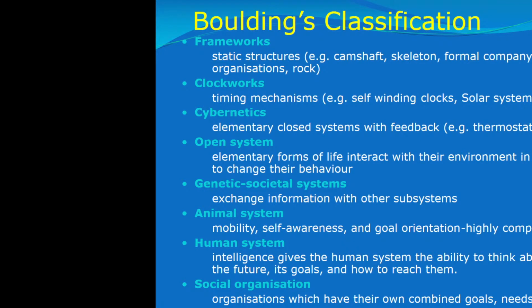In the human system, intelligence gives the human system the ability to think about the future, its goals, and how to reach them. Social organization. These are organizations which have their own combined goals and needs. And the last type of system is transcendental, or other systems not yet comprehended.